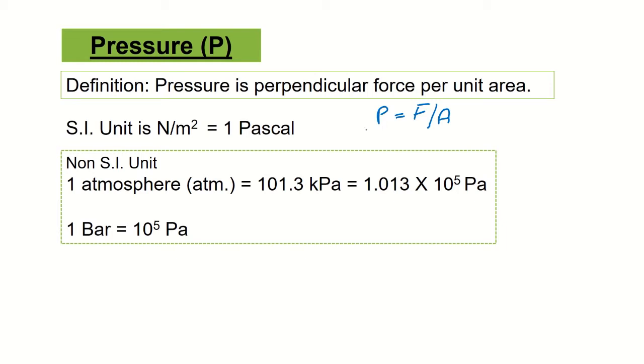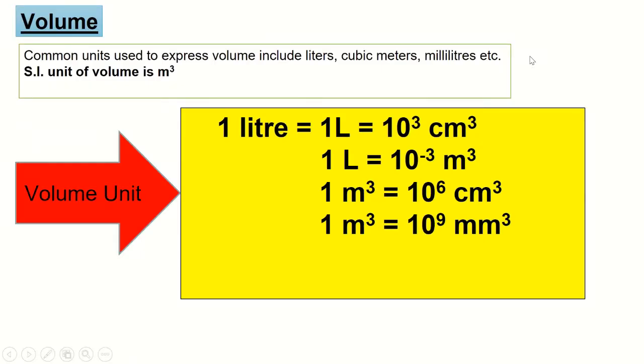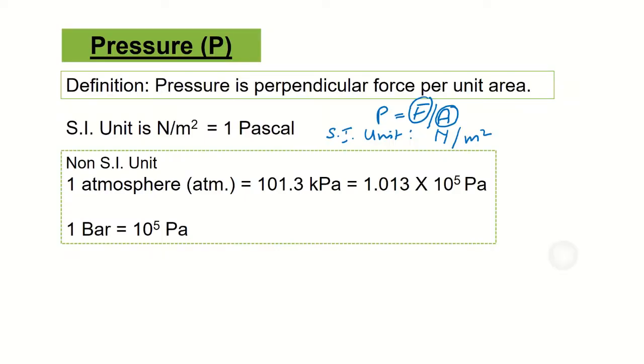Now the unit of the pressure: the unit of force is Newton and the unit of area is meter square. So the standard unit of pressure is Newton per meter square, and this Newton over meter square is also known as Pascal.